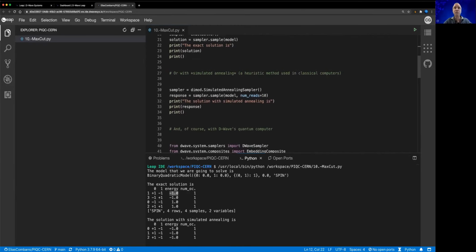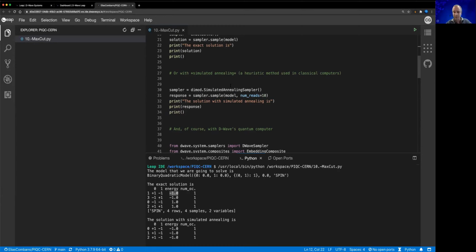Now we are going to use, also for comparison, simulated annealing. Simulated annealing is this other method that was used in the paper that I showed you before, in which they compared the quantum annealing to other methods.